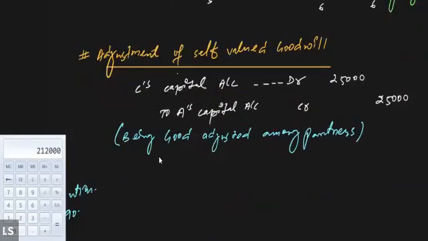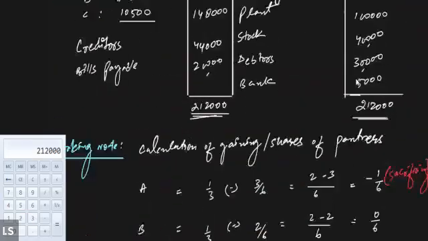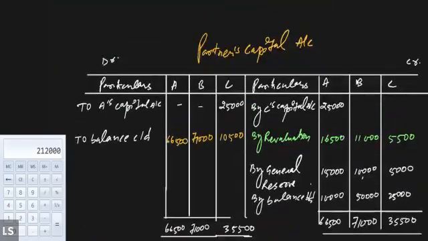Yes. Okay. Similarly, coming back to the journal entry, you can see A's capital account is credited, right? So we'll go to the partner's capital account on the credit side and in A's column, we'll write down 25,000. That means A's capital account is being credited.